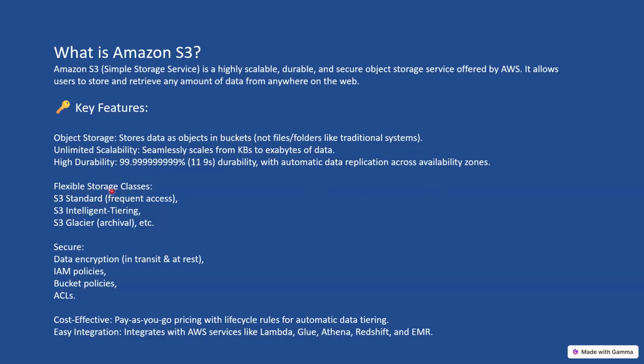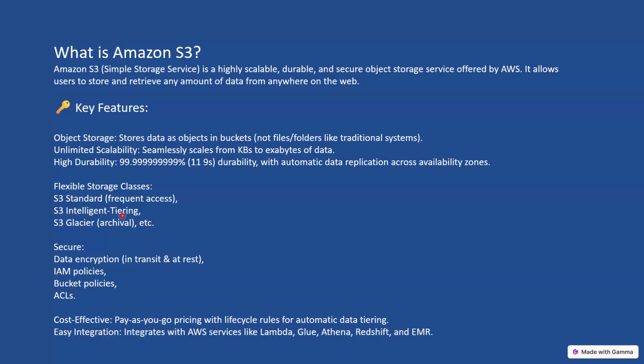S3 Standard is the class where, when you upload any file into S3, it goes by default, for frequent access, so that you can quickly access it and do whatever operation you want to. Then there is another class, S3 Intelligent-Tiering, which works based on your access pattern.